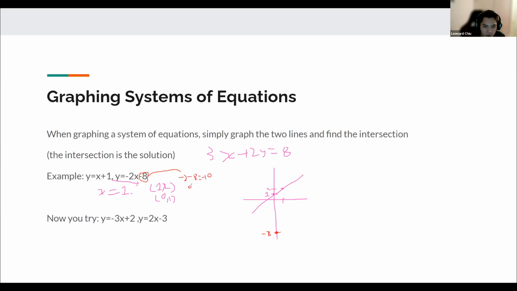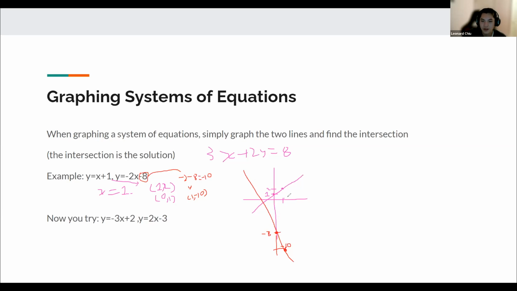So (1, -10) is our other point. It's all the way right here. Now we connect the line.